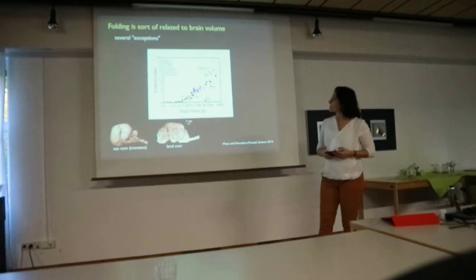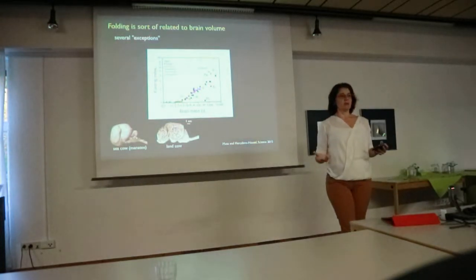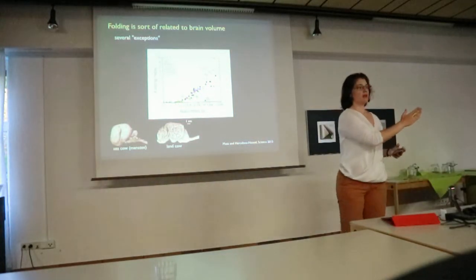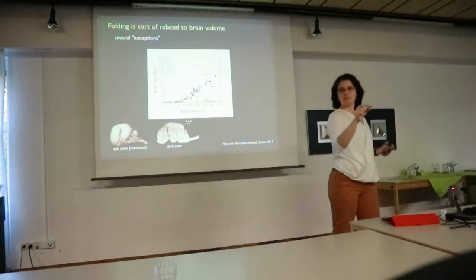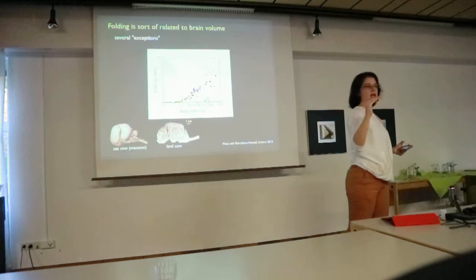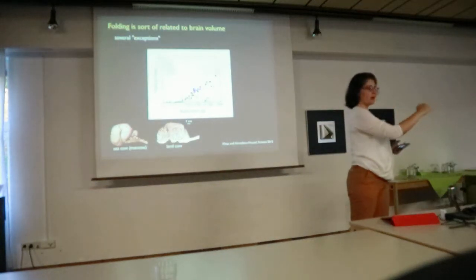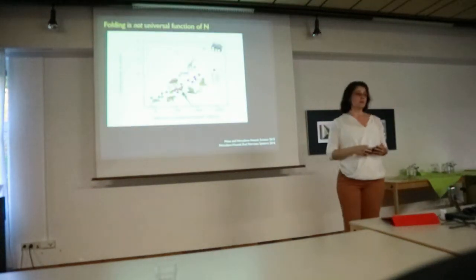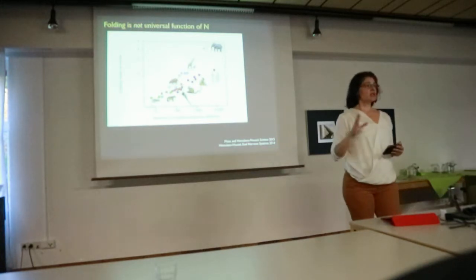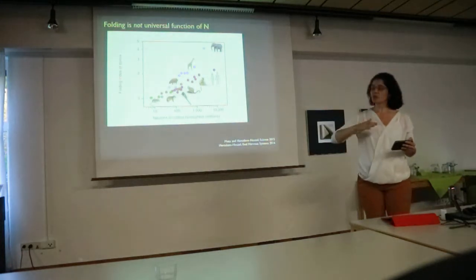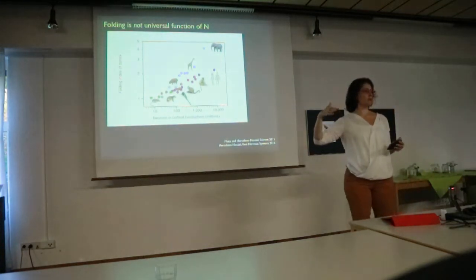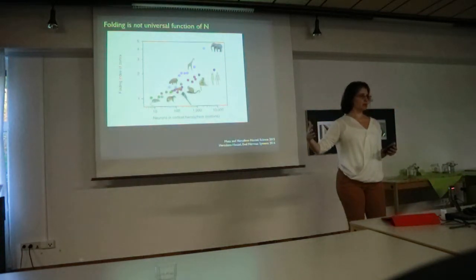Now, remember that the expectation here would be that this degree of folding should follow universally, homogeneously, increasing numbers of neurons, right? How does that look to you? Remember, each color is a different clade. In each clade, the more neurons you have, the more folded the cortex is, right?